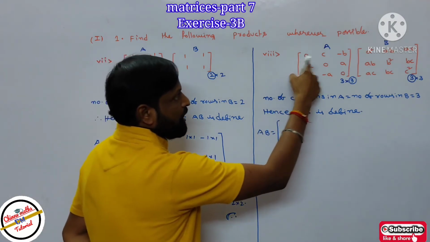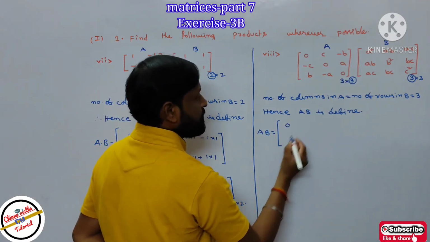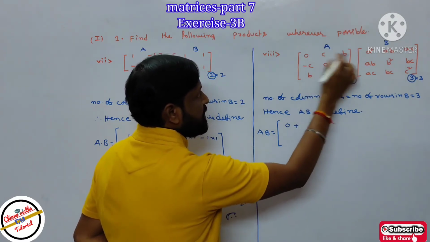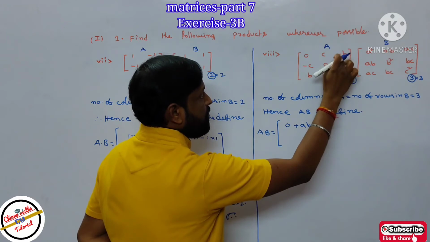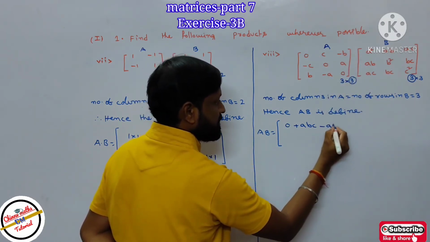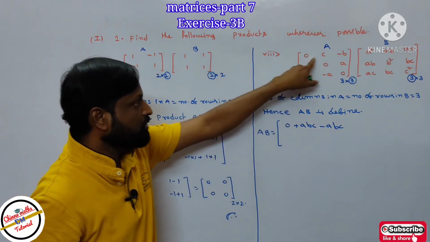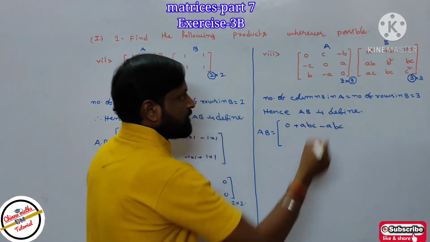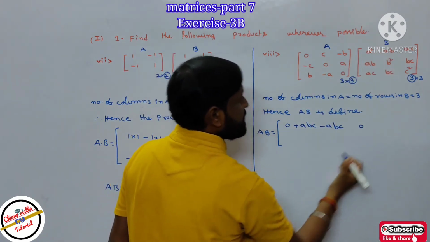The first row and first column, directly you have to multiply. 0 into A square, 0, plus C into AB, that is ABC. Next minus B into AC, that is minus ABC. Okay. Next first row, second column. 0 into AB is 0.